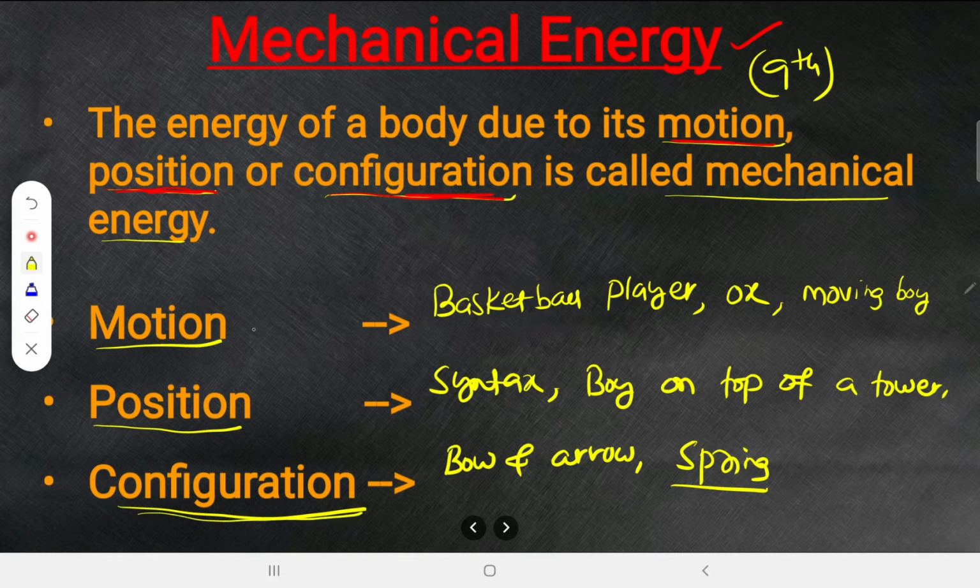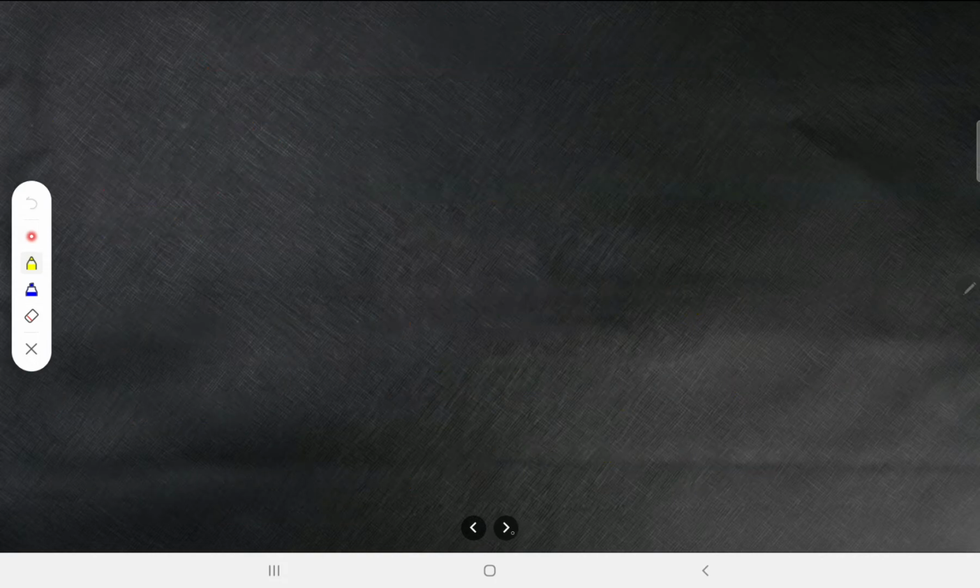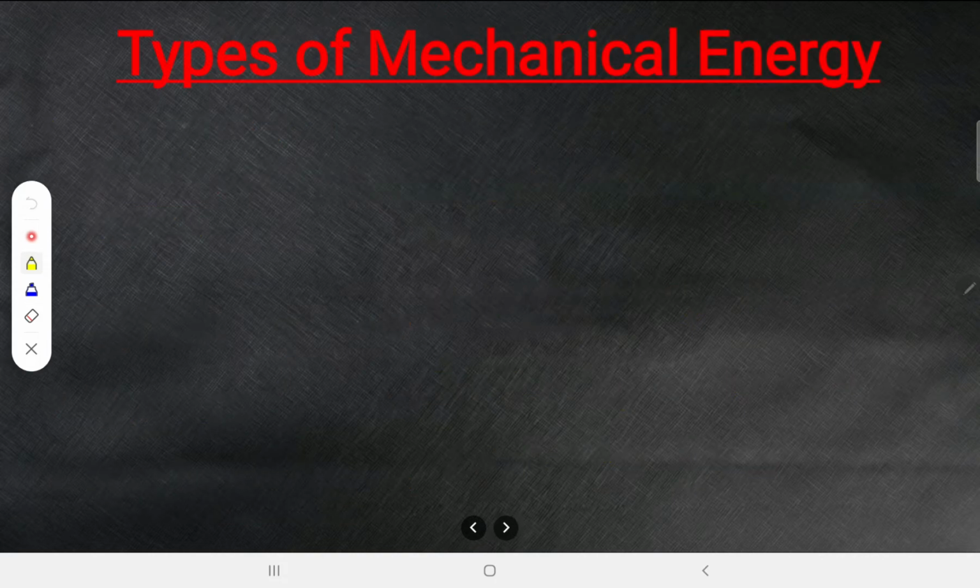So if a body is getting energy due to these three things, motion, position and configuration, that type of energy is called mechanical energy. Now there are two types of mechanical energy. The first type is potential energy.